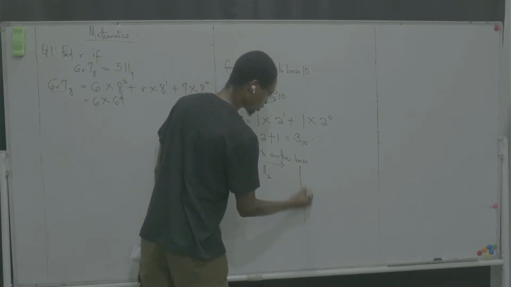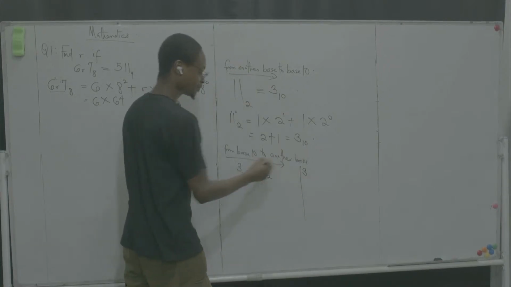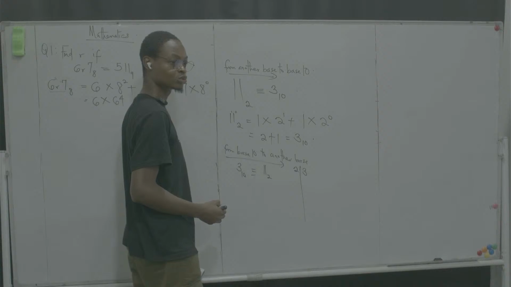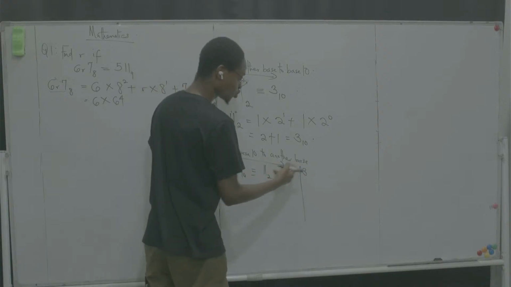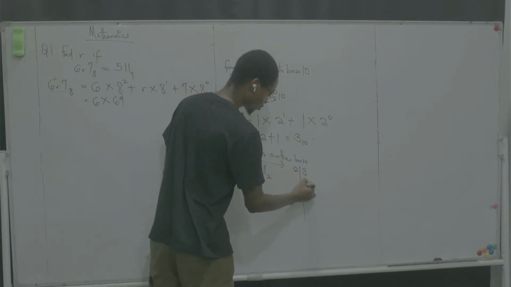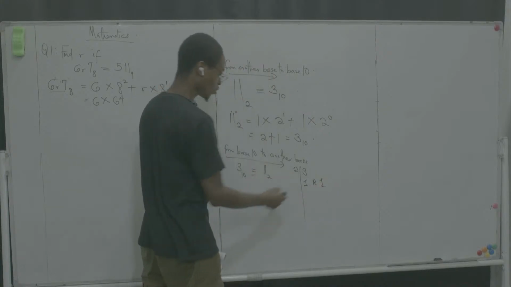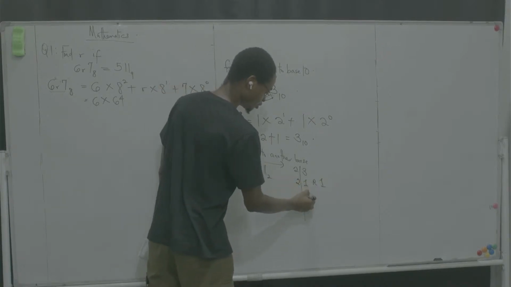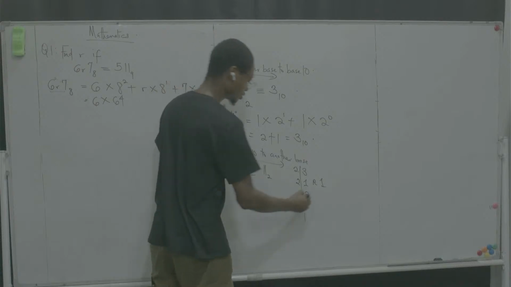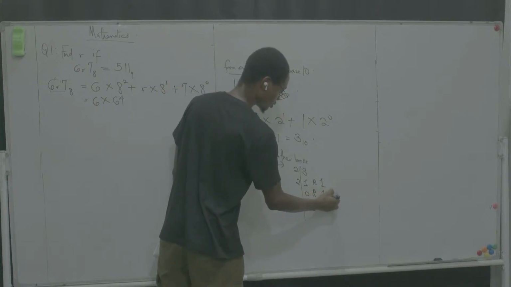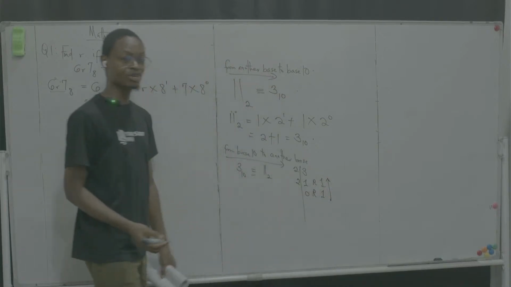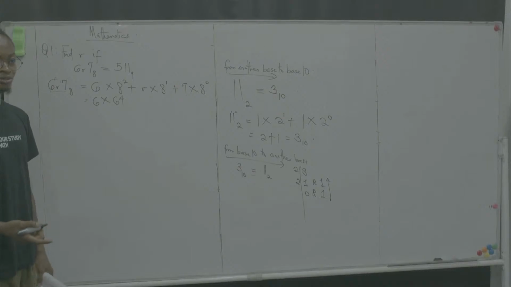Why? Because if I divide 3 by 2, 2 will go into 3 once. Remainder 1. Now 2 will go into 1 zero times. It's not possible, right? Remainder 1. And then you read the values upwards.